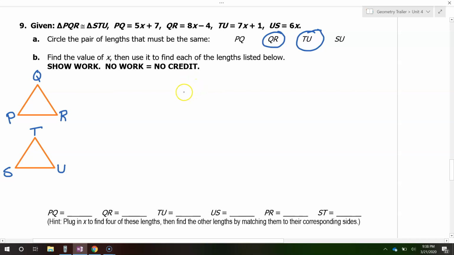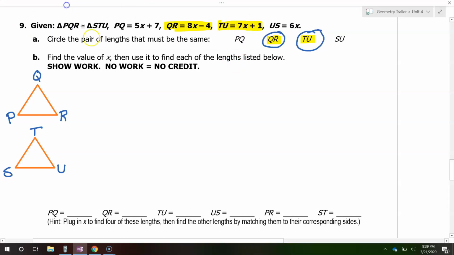Now, do I have expressions for those? Okay, so I have QR right here, and I have TU, which is right here. Those have to be the same.